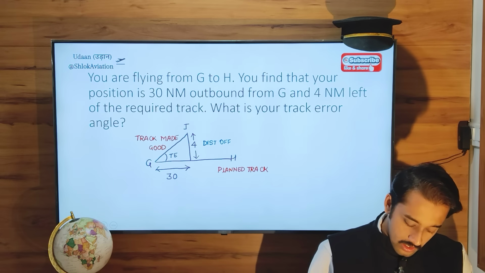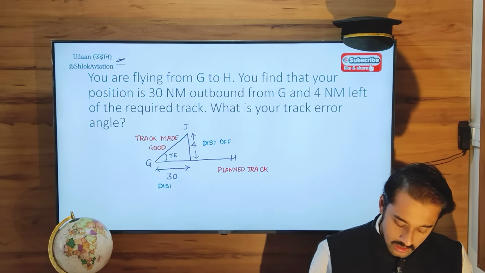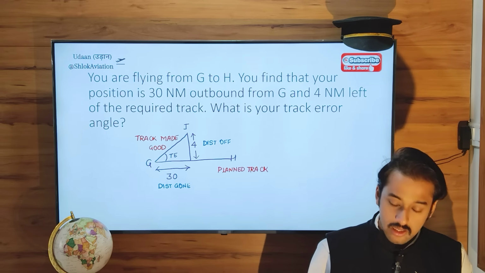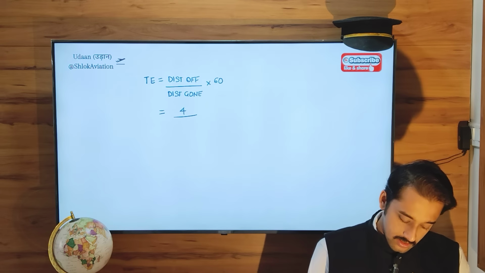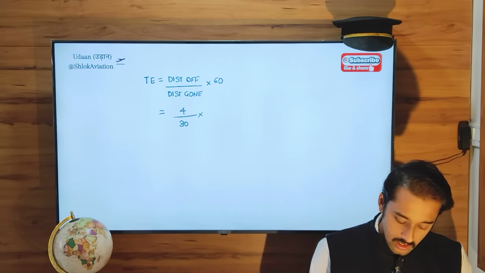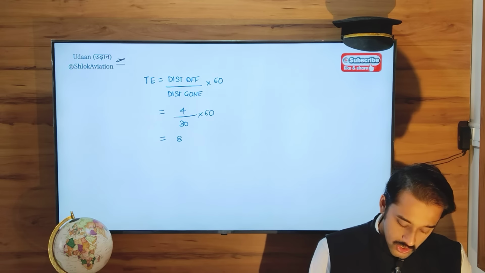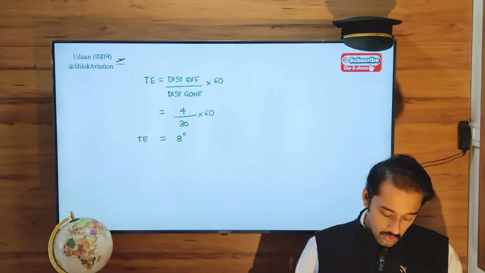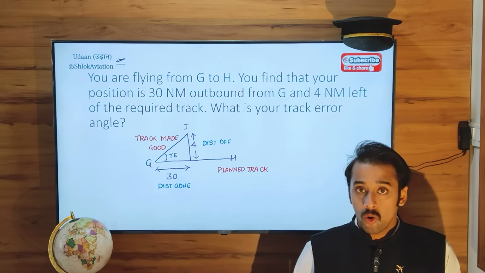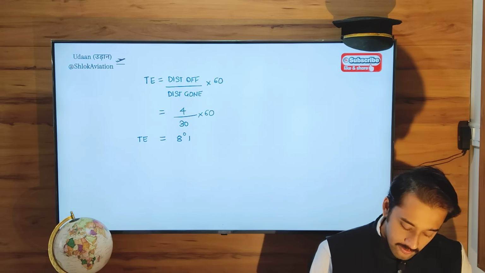What is distance gone? Distance gone is 30 nautical miles, into 60. So 8 degree. Track error is 8 degrees. 8 degrees to what side? To the left hand side or port side. 8 degree left or port.